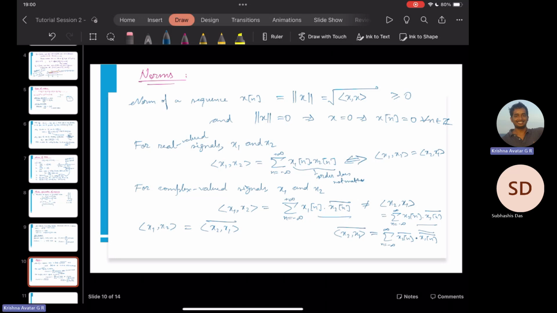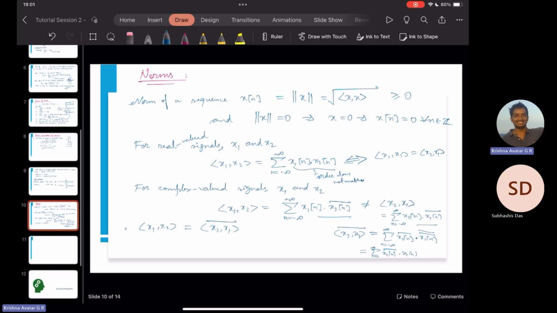So we can call it the summation from minus infinity to infinity of x2[n] complex conjugate dot x1[n], and this is the same as the above expression, right? That's where this particular identity comes from. And this is also linear in terms of the argument.